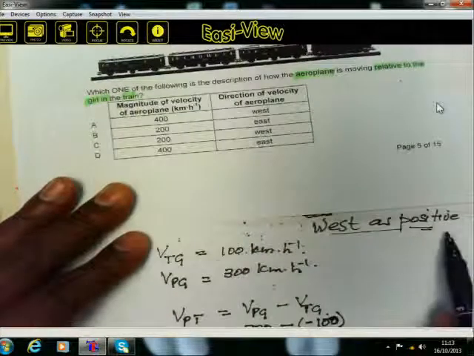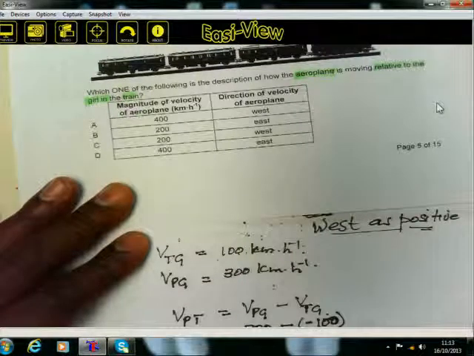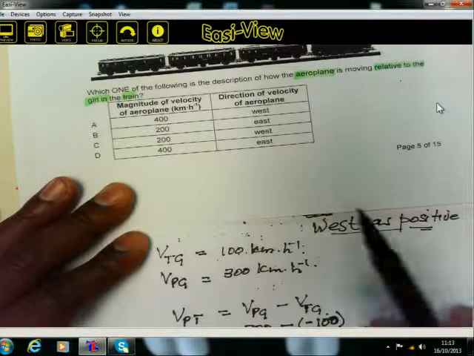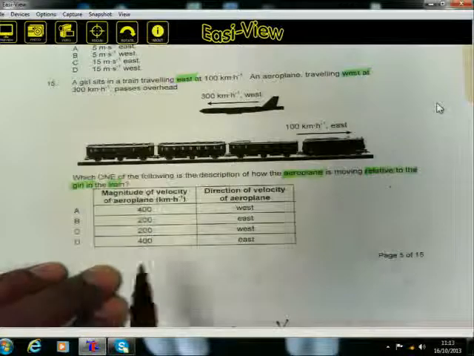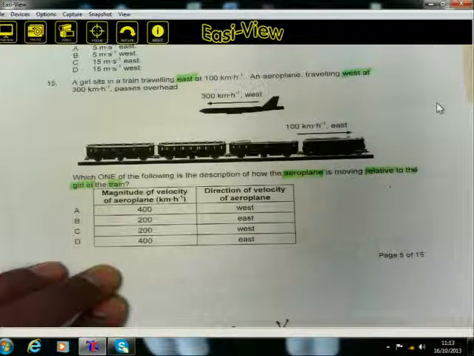We said west is positive, so the plane relative to the train is moving west. And that is true. That's what we see in the question there. The train is moving east, the plane is moving west. So the girl in here will see this plane moving in the direction west, but at a higher velocity.